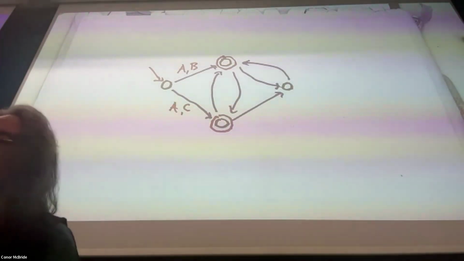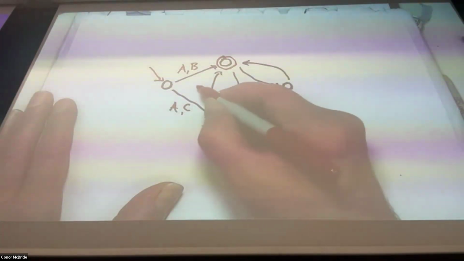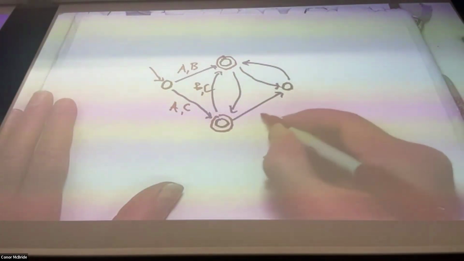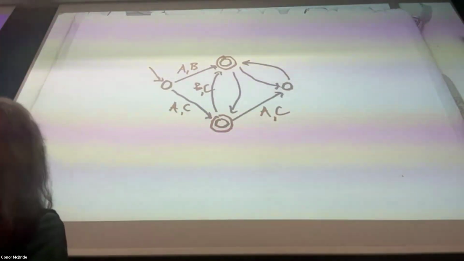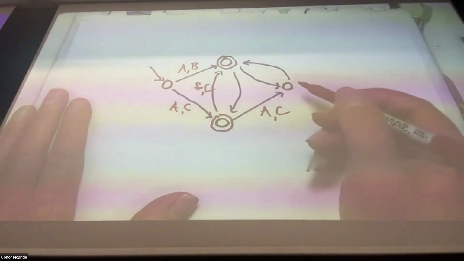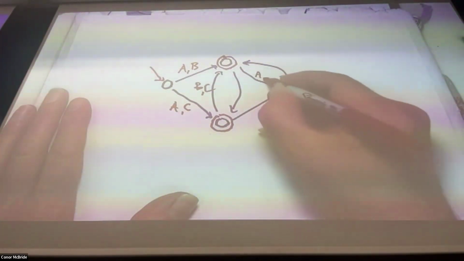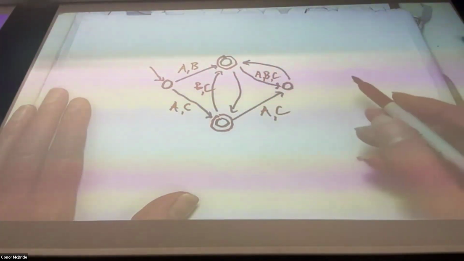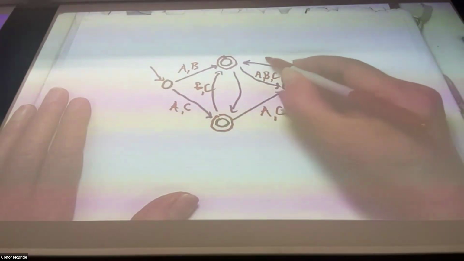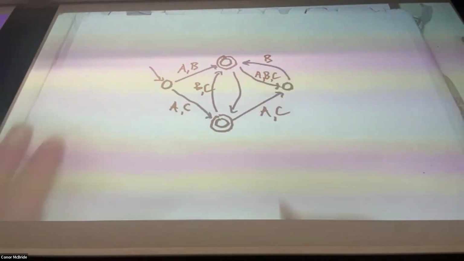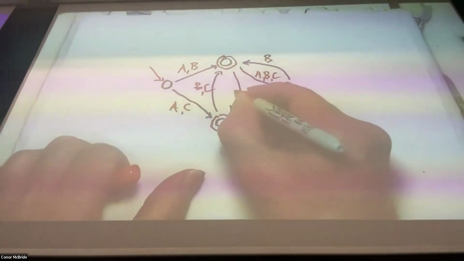Let's label this one B, C. That's going to be a B or a C. This one is A, B, C. And this one is just going to be a B. And this one is going to be, this is the other surprising thing, epsilon.